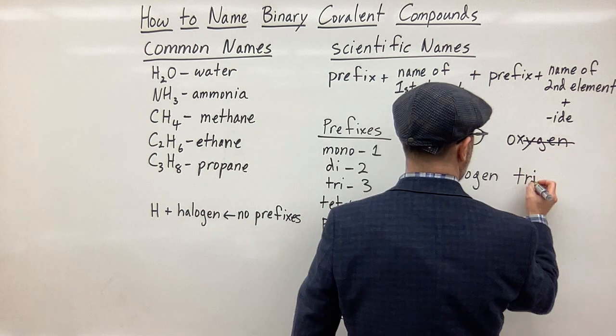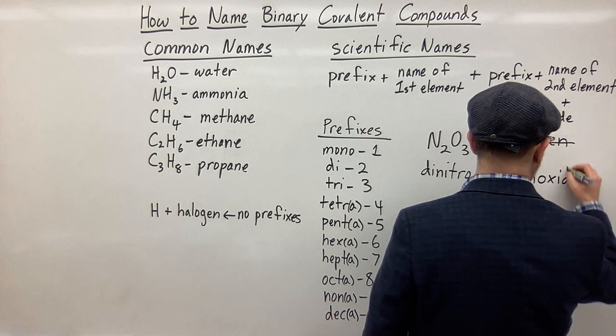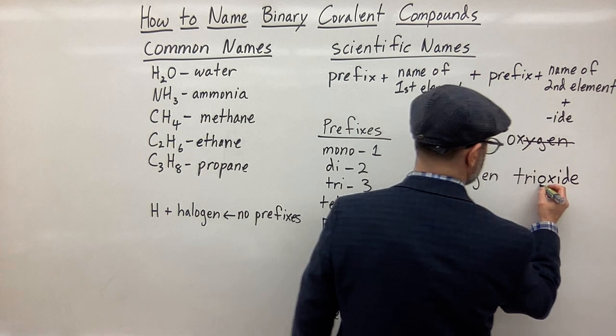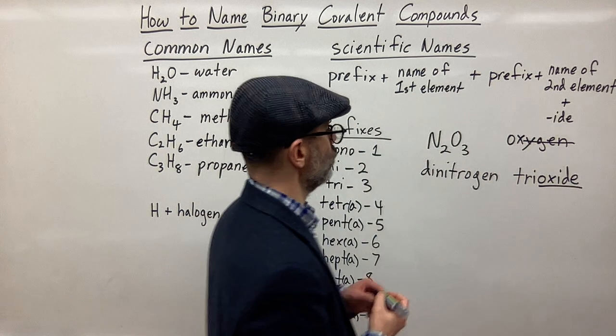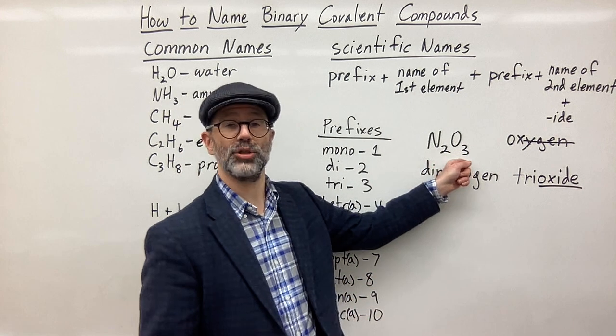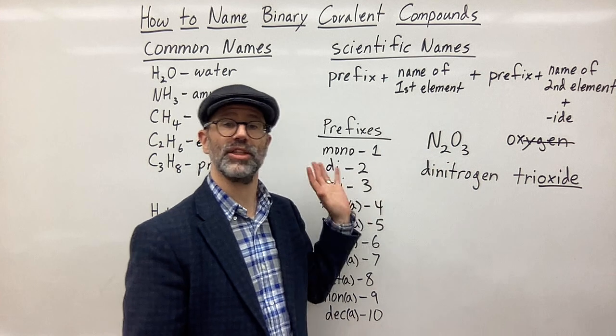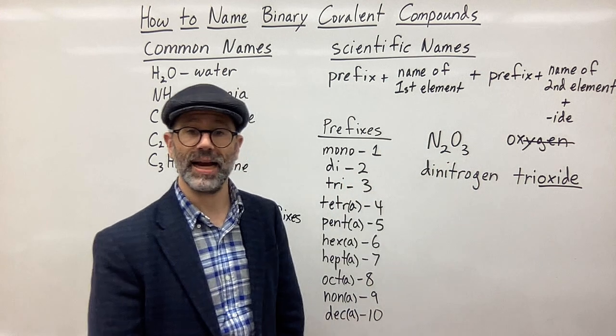So it's going to be trioxide. So oxygen becomes oxide. And you only do that for the second element. You don't do that for the first element. The first element is just the full name of that element.